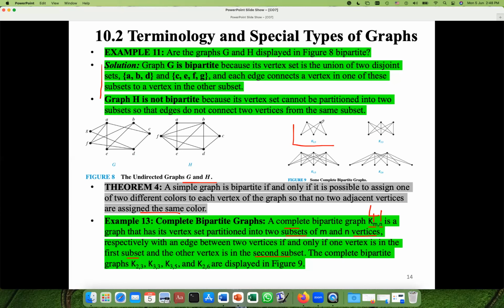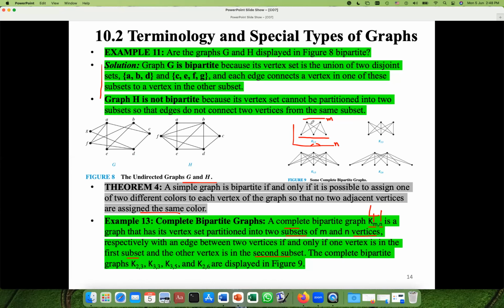For example, this is a complete bipartite graph, and what is it? K_{2,3}. M is 2 and N is 3. So this upper portion is one subset. This lower portion is another subset. This is now M, and this is now N.